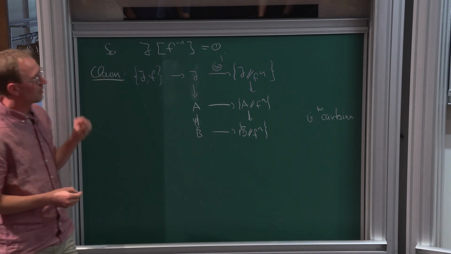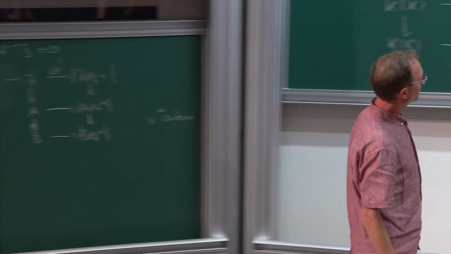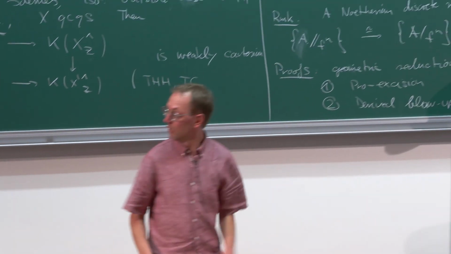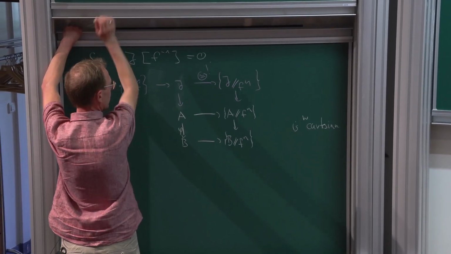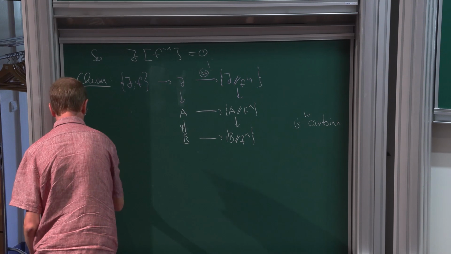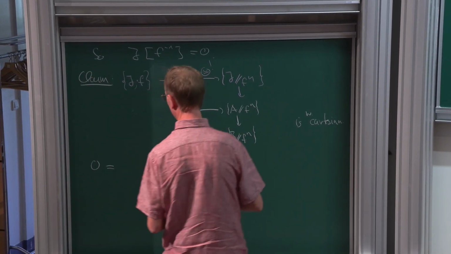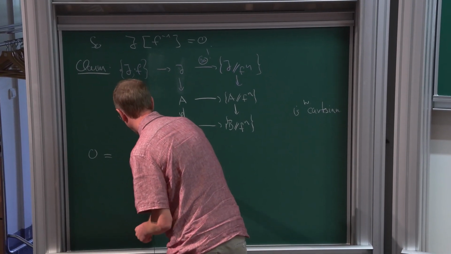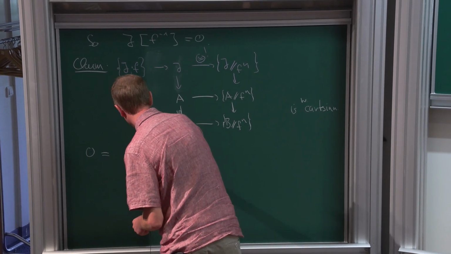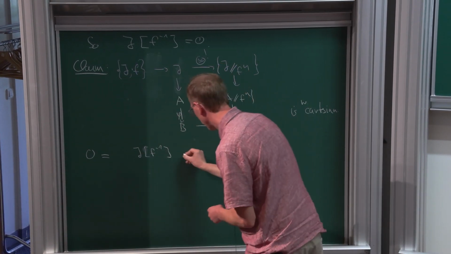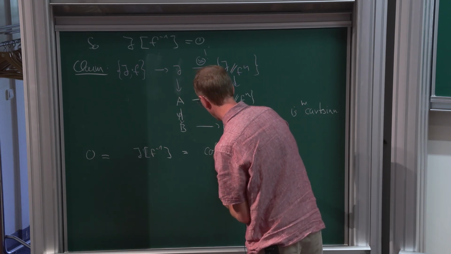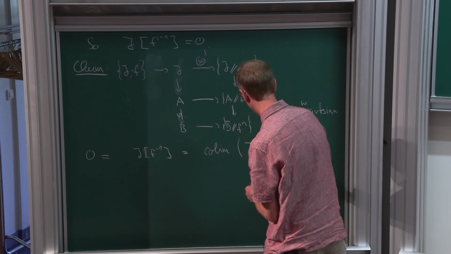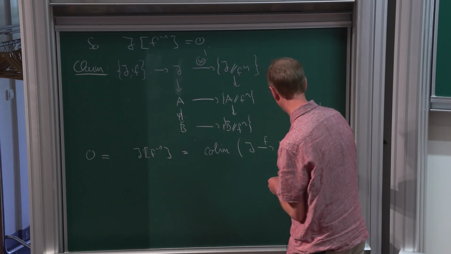Okay. And now the argument is in fact a bit similar to this one here. And now we just use the assumption. So this here is 0. Okay. So we have 0 is this J, F inverted. But this we can also write as the sequential colimit, where we take copies of J and then multiplication by F, J, and so on.